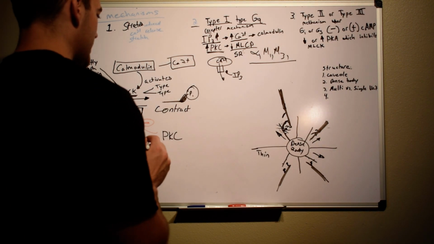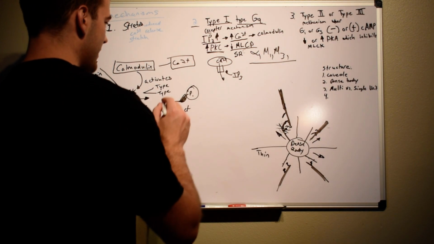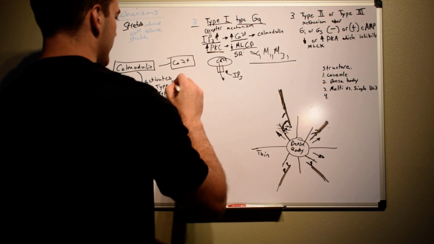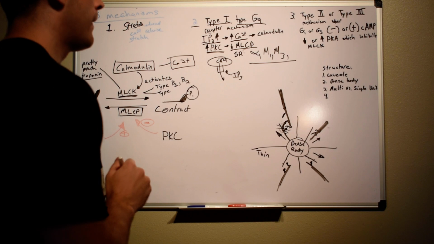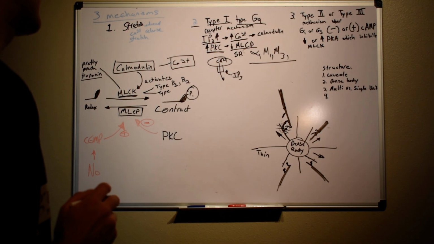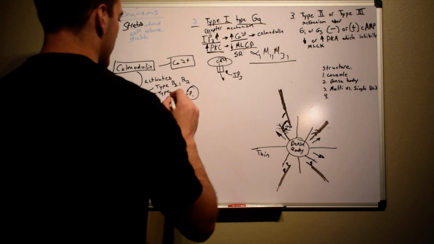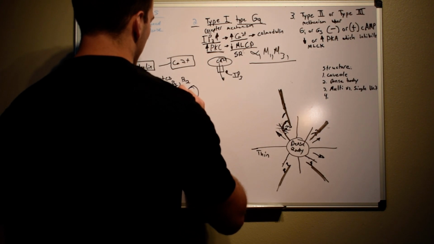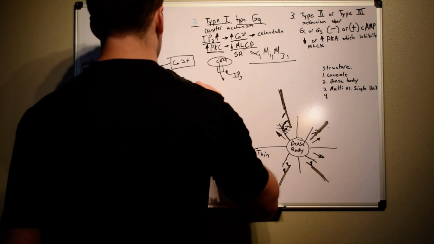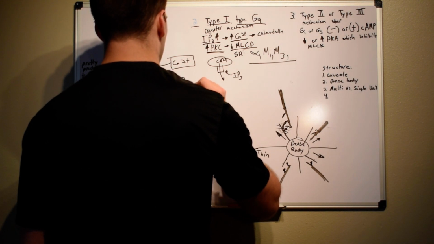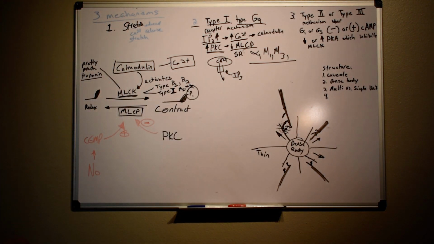Okay, so what was type 2? Type 2 was our beta 1, beta 2. And then type 3 was our M2 and our alpha 2. Okay.